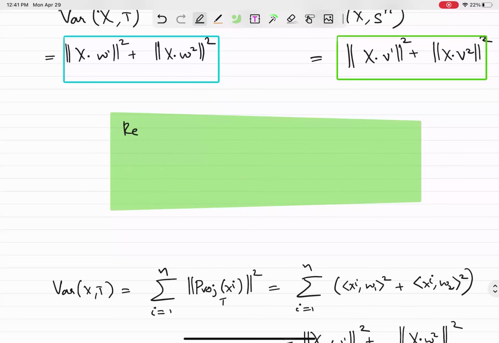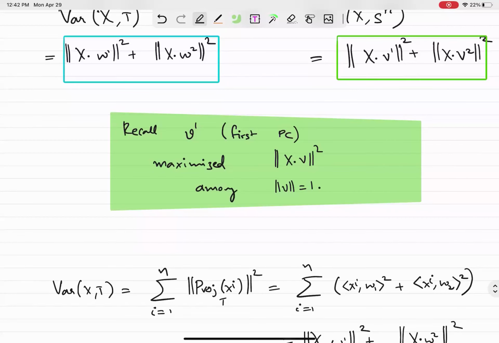So recall, v1, the first PC, maximized... Yeah. But we know that x dot v1 is bigger than, definitely, anything other than v1. So we know it's bigger than either x dot w1 or x dot w2.